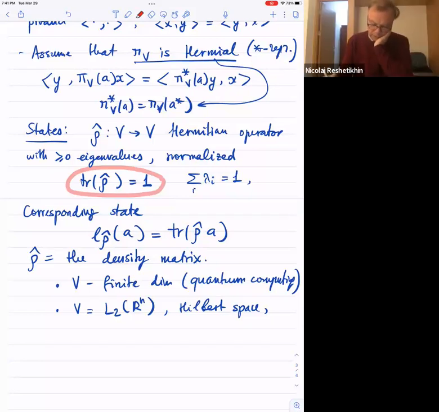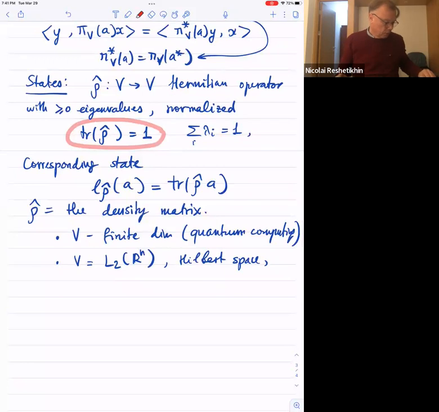We require it to be trace class, and it's an invariant notion in the sense that if you choose a countable basis in the Hilbert space, then trace is just the usual matrix trace, and you can prove that with respect to bounded operators in the Hilbert space, this trace doesn't depend on the basis.